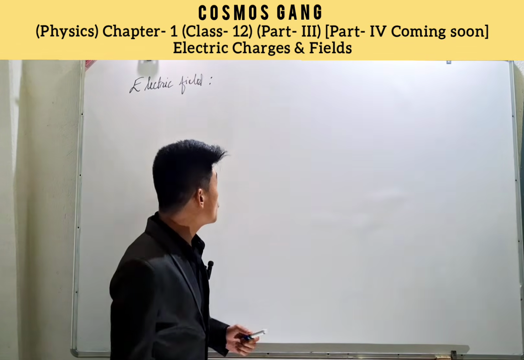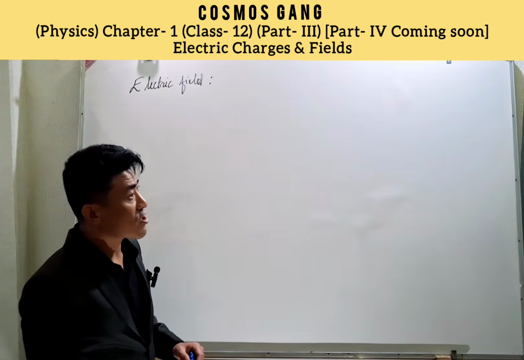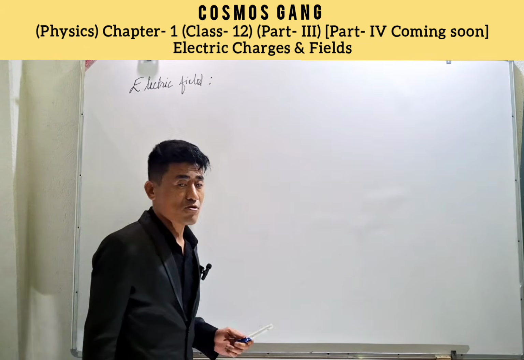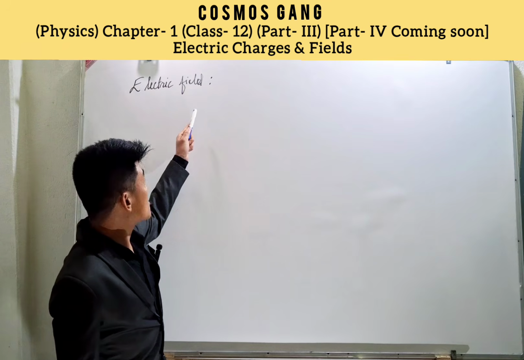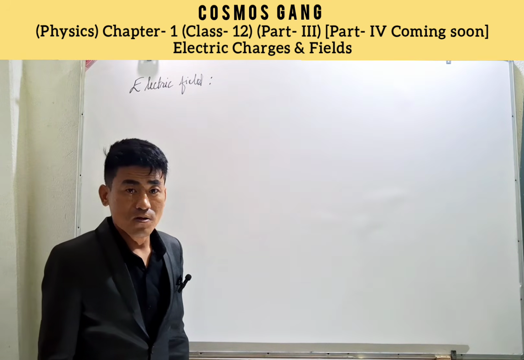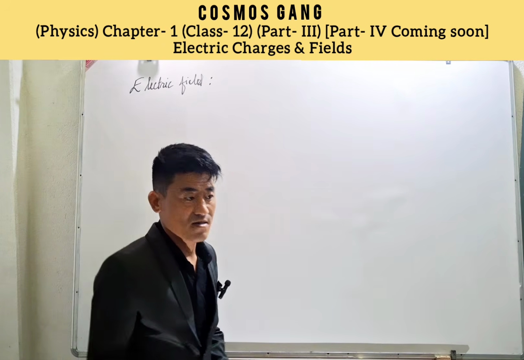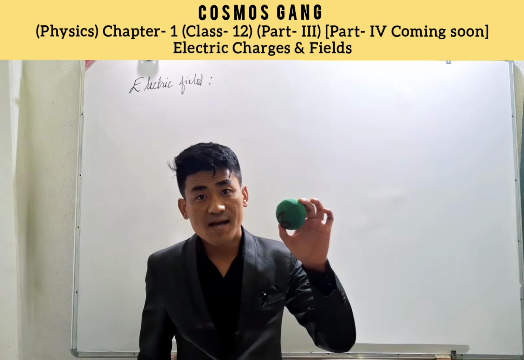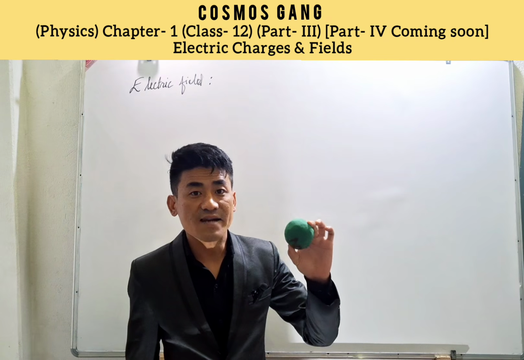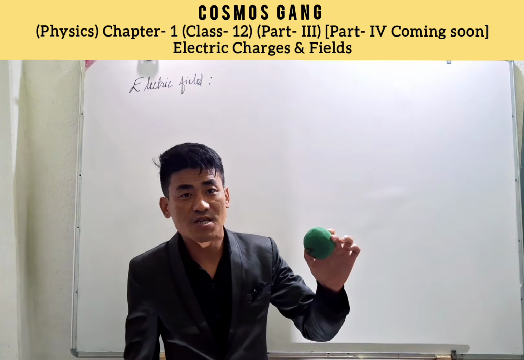Today we'll be continuing with electric charges and fields. Today we'll try to learn about electric fields. For example, let's take a charge which will produce an electric field surrounding it.